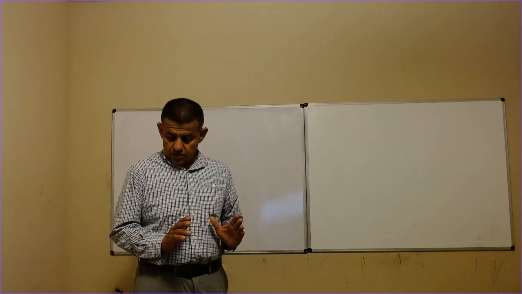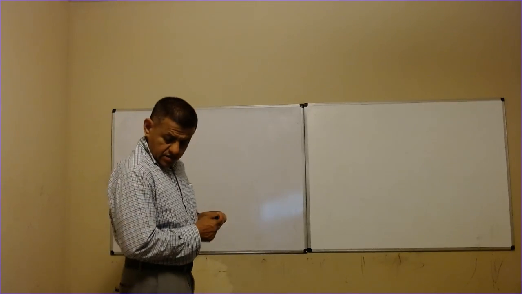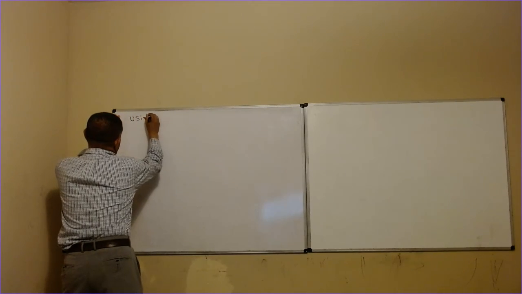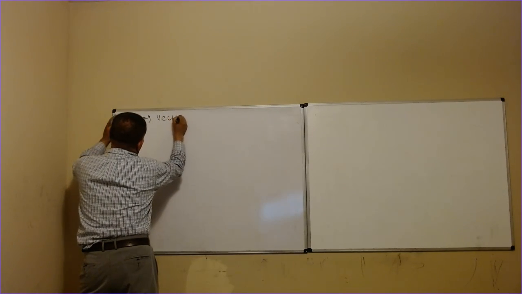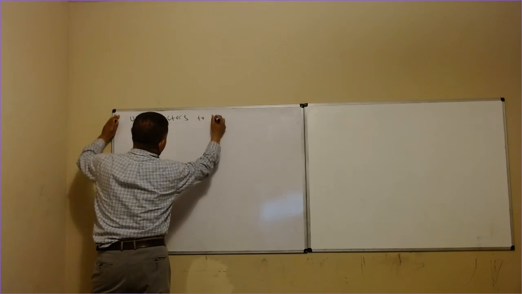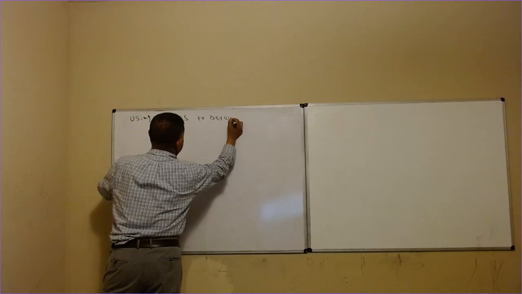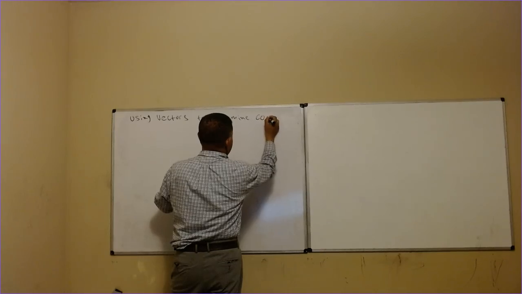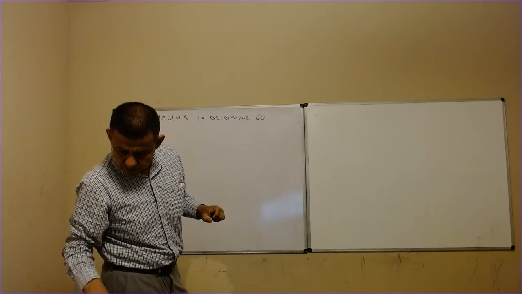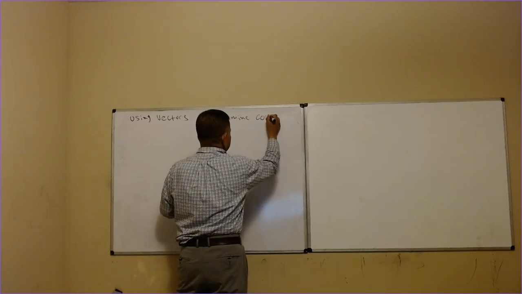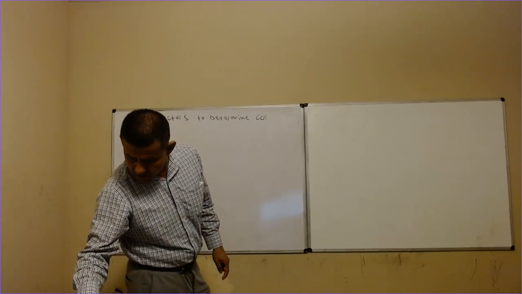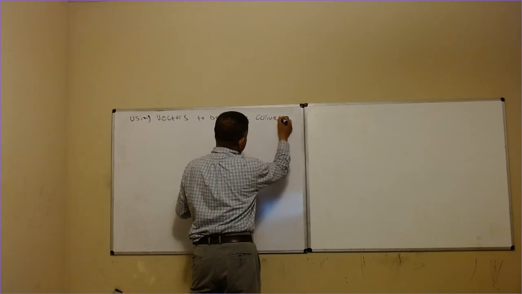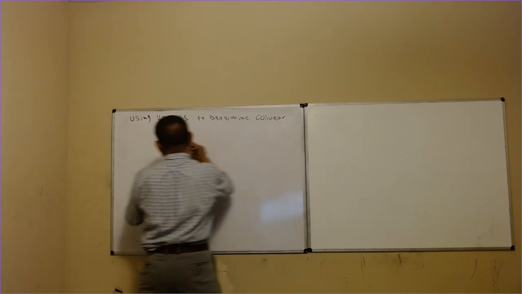So the topic is using vectors to determine collinear points, right?